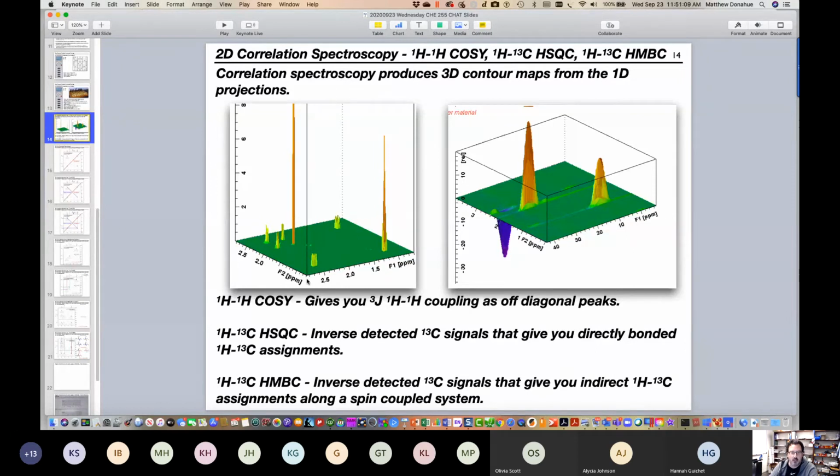You have your proton on one axis, and then it's repeated again on the other axis. And these mountains you see are couplings or correlations.